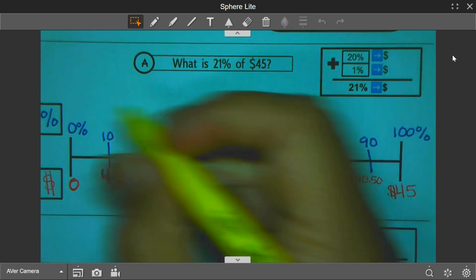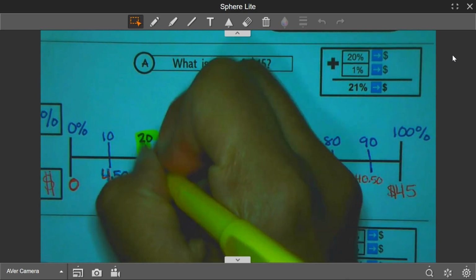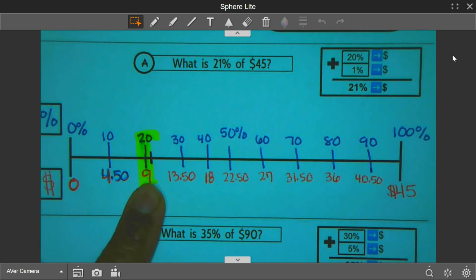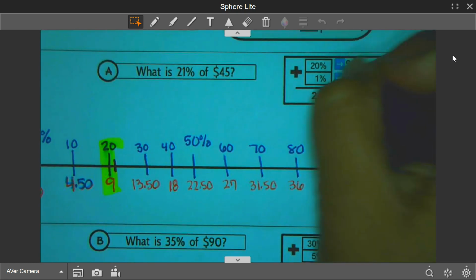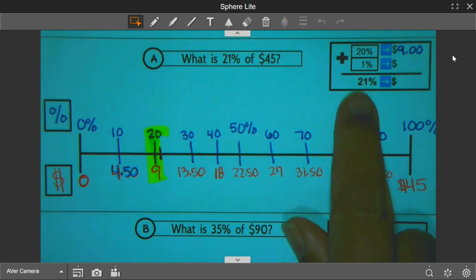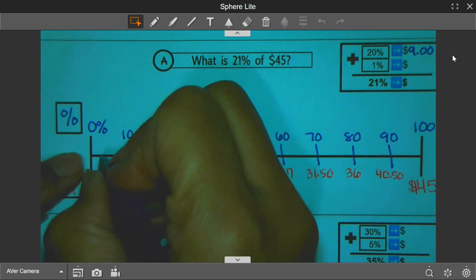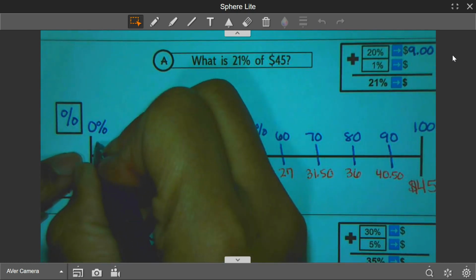I'm going to use the 20%, which is $9, so I'm going to add that number over here. 20% is $9. And then I need to find 1% to make 21%. So here we have 1%. Let's add that in.